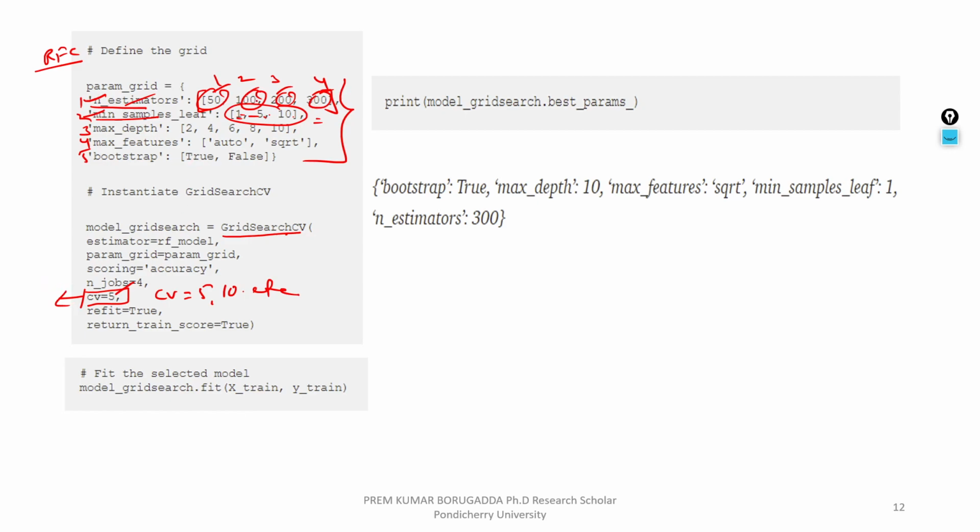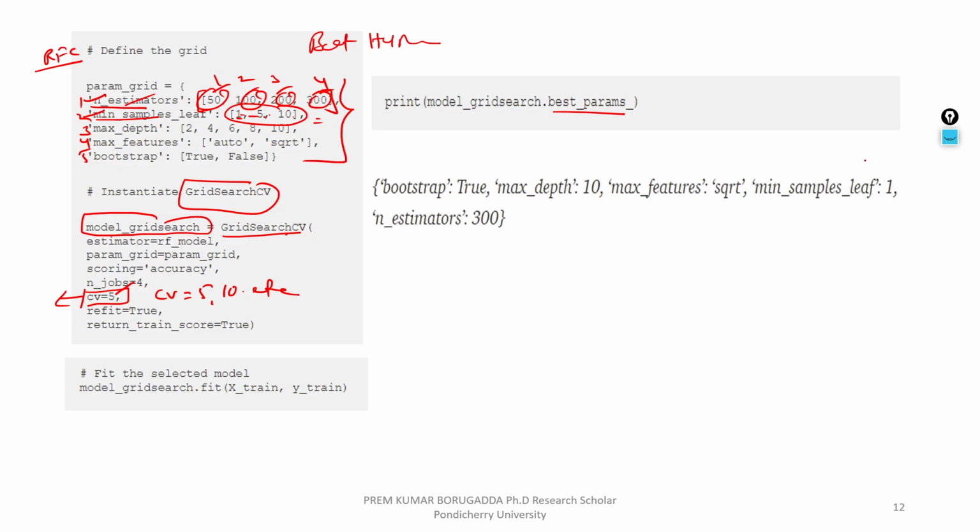You apply GridSearchCV to identify the best hyperparameter values. When you apply this model, GridSearchCV will give the best parameters.